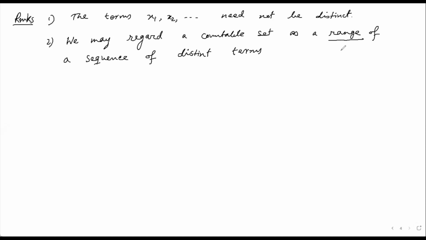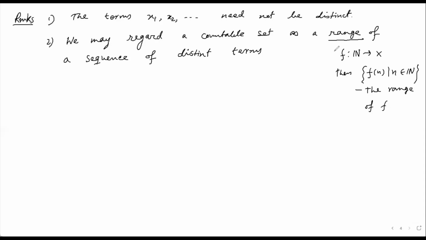What is range? If f is a sequence into X, then f of n such that n belongs to the set of all naturals is the range of the sequence f.